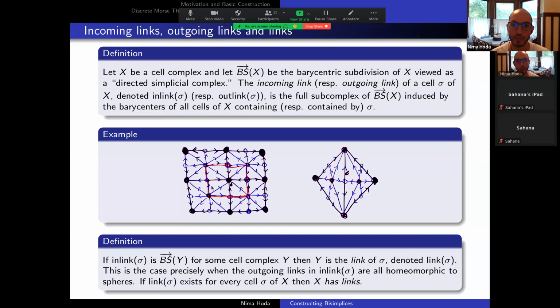So our hope is to define a cell structure on the incoming link that's compatible with the cell structure on X. So that's exactly how we define things. We say that if the incoming link of a cell is the barycentric subdivision of some cell complex, then we say that that cell complex is the link of sigma.